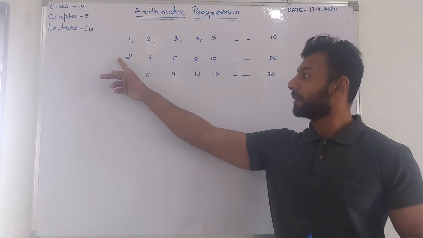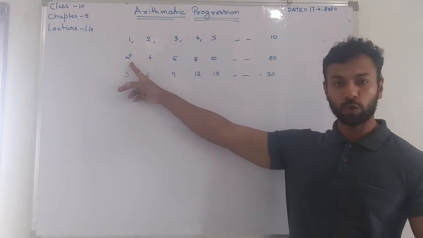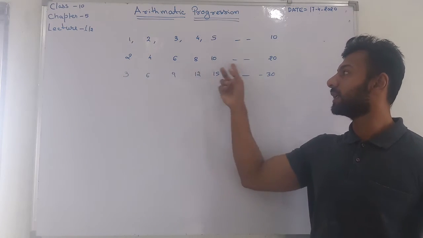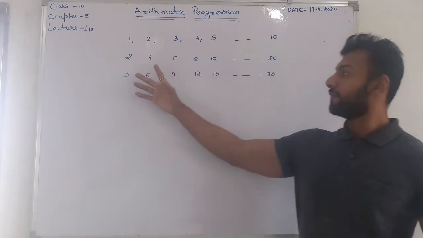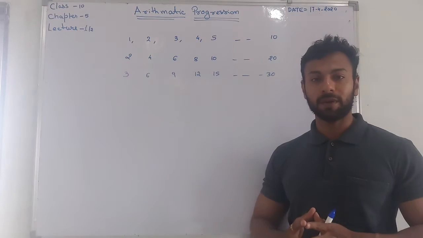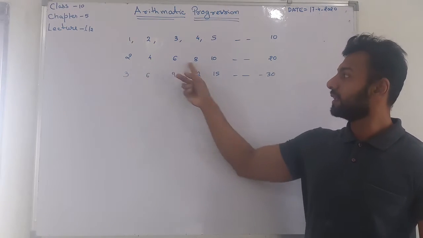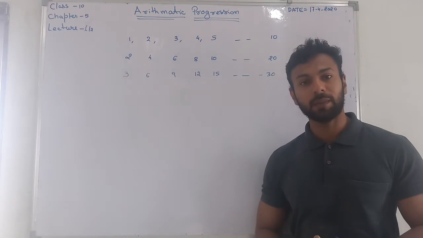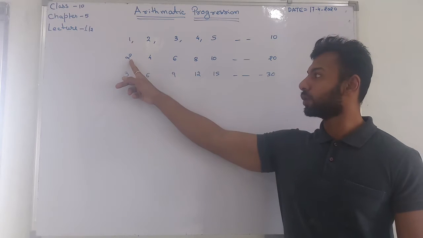Now, one more example: the even numbers. Even numbers are the multiples of 2. So 2, 4, 6, 8, 10 and so on till 20. If we look at it properly, we can see that the common difference between two consecutive numbers is the same. If we subtract 2 from 4, we get 2.